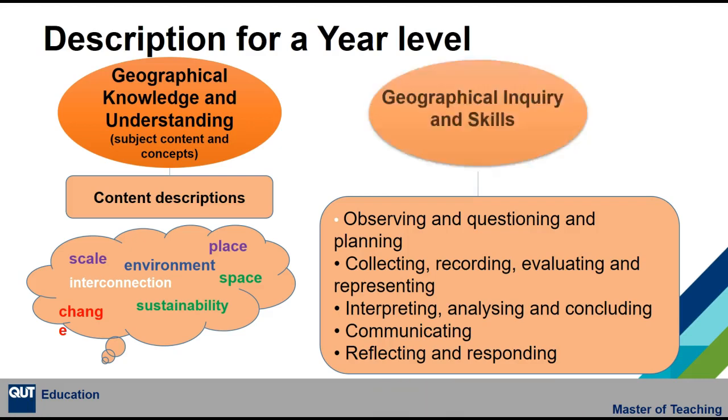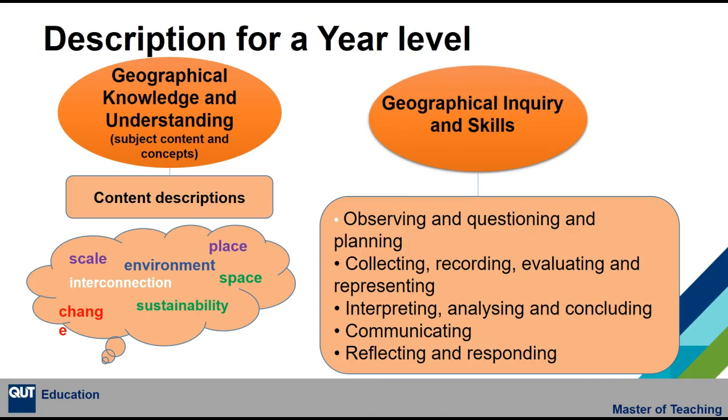And then your other strand, which is your geographical inquiry and skills, which is made up of the 5 dot points: observing, questioning and planning; collecting, recording, evaluating and representing; interpreting, analysing and concluding; communicating; and reflecting and responding. And remember, it is not necessarily a linear process, but it can be deeply iterative, where you go back and forward between the different elements of the inquiry process, and indeed some can actually be repeated.